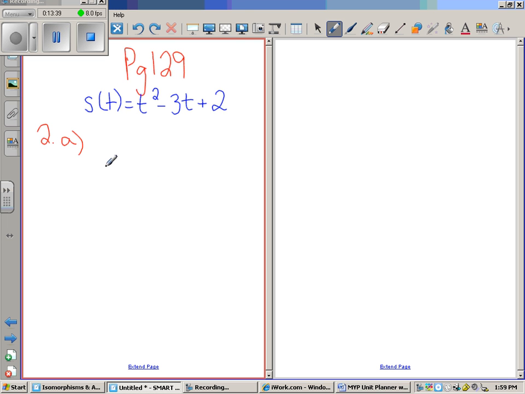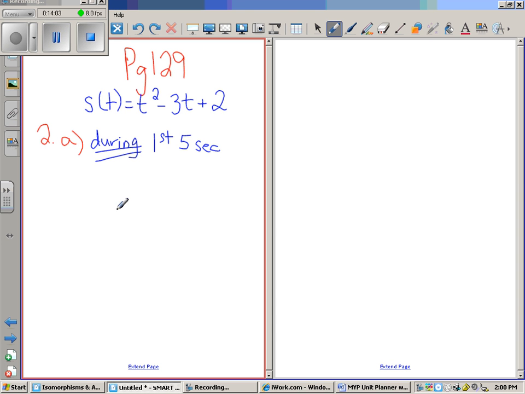So in other words, find how far the object has gone during the first 5 seconds. The key word in A is during. During. Okay? You don't plug in 5. Well, you do, but that's not all you do. You do other things. So the displacement during the first 5 seconds.